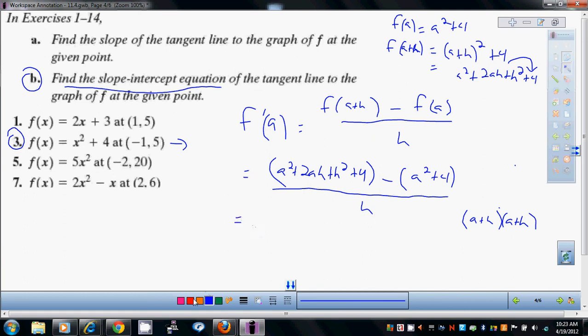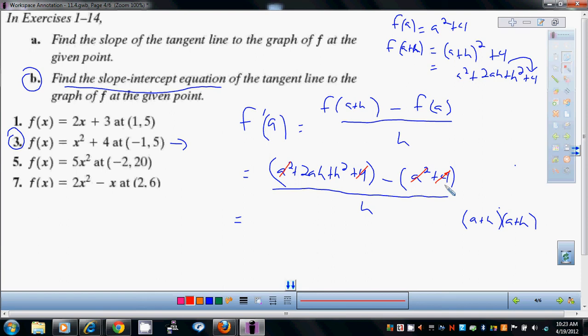Now, what cancels on the top? A squared minus a squared. 4 minus 4. If you do this correctly, your entire right side should cancel. Everything that you're subtracting over here should cancel with something on the left.